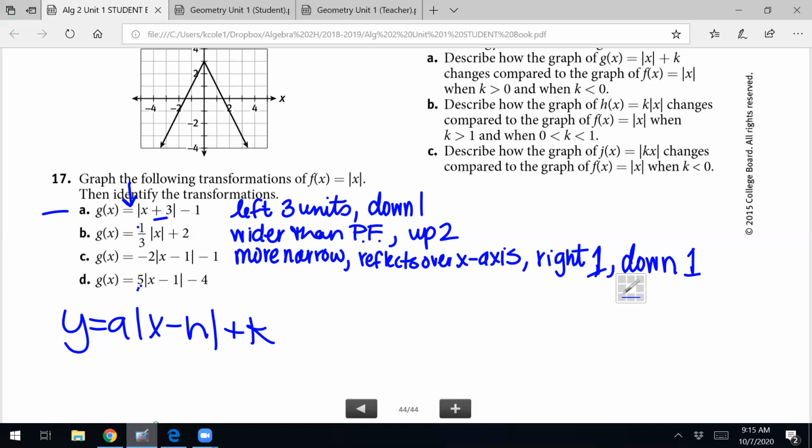More narrow. What does the -1 do? Right 1. And yes, down 4. Now, we're not physically graphing these yet, but we're going to.